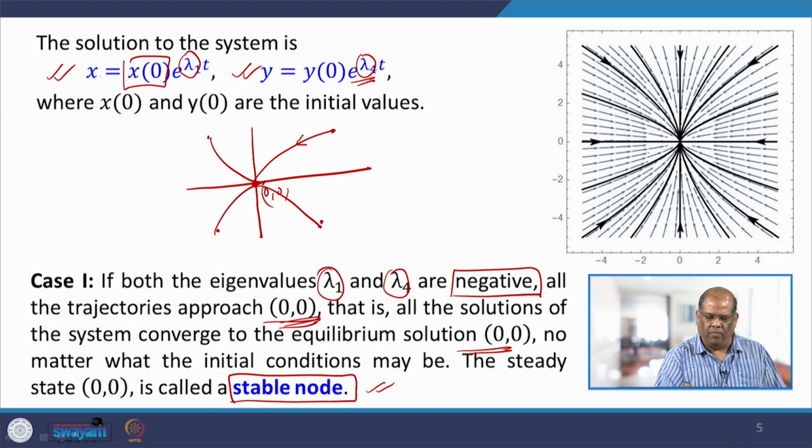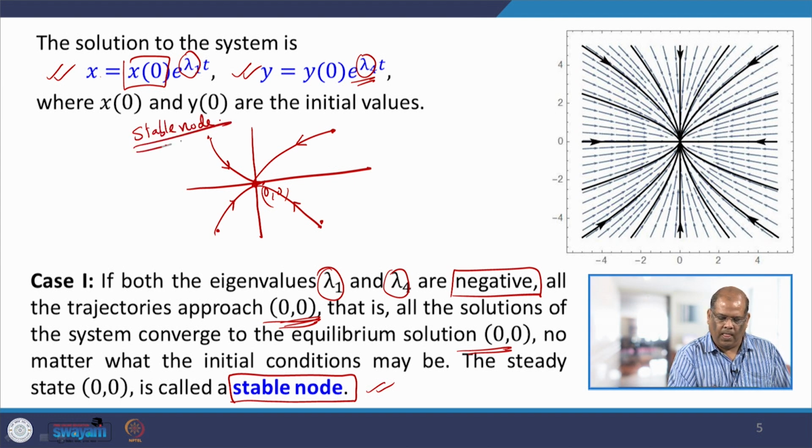The arrow is important, that is, it is moving towards (0, 0), and this is a stable node. In this plot, you can see these are the vectors which can be plotted with the help of any software, and it is reaching the point (0, 0).